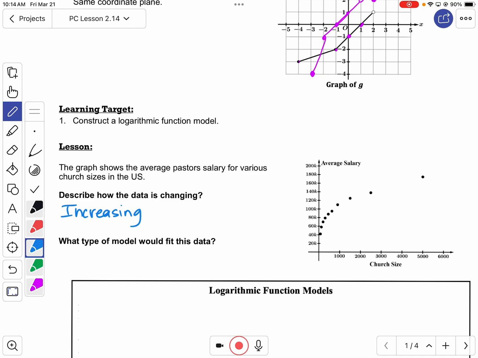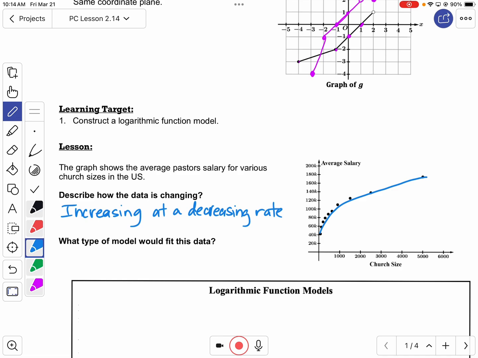No. So it seems to increase pretty quick at first, but then that increase kind of levels off. So we call that increasing at a decreasing rate. It's still going up, but not as quickly as it was in the beginning. So apparently as your church gets bigger, your salary doesn't grow quite as quickly.